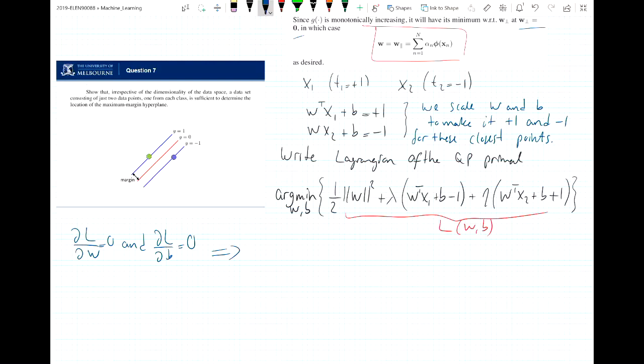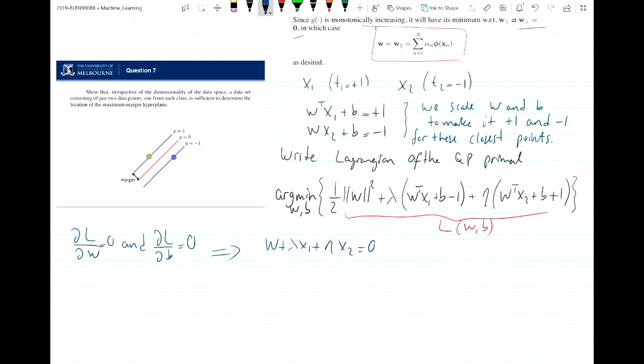Taking these, this will give me w, and then lambda x1 and eta x2, so I have w plus lambda x1 plus eta x2 equals 0.